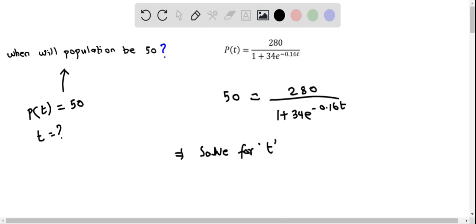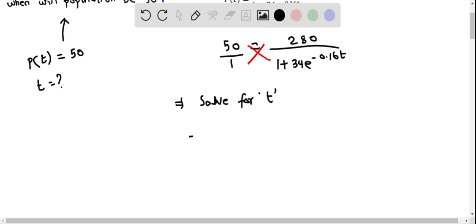I'm going to consider this 50 as 50 over 1, and I'm going to do the cross multiplication. So therefore it becomes 50 times 1 plus 34 e raised to the power of negative 0.16 t, equal to 280 times 1, which is 280.